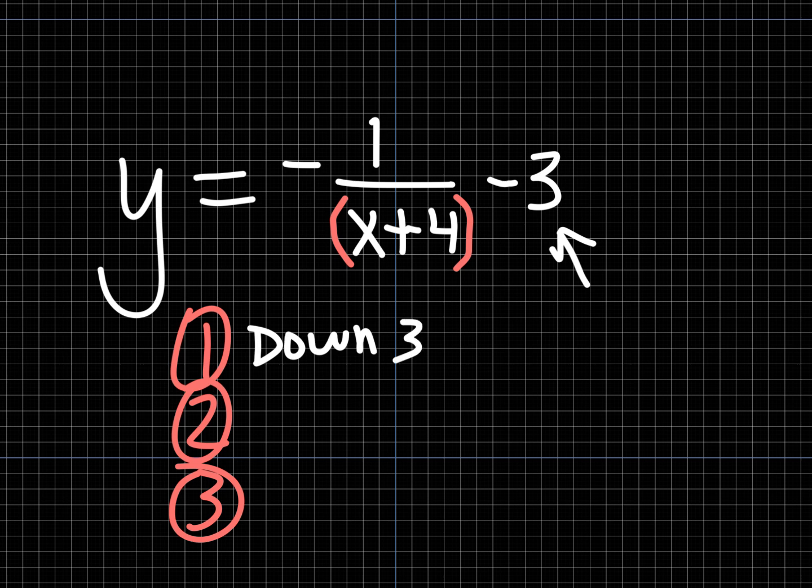Let's not worry about what order it would be in, because I think on the homework for today, we don't care about the order. Mauricio, what else do you think? Left 4. Left 4 is correct. And where else did the parent function move? Well, it didn't kind of move for this. It flipped, but there's an official math word for flip, reflection.